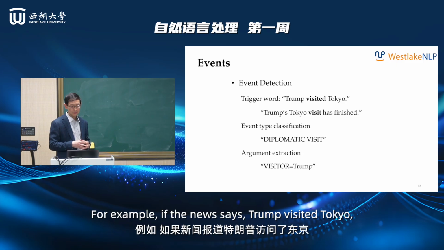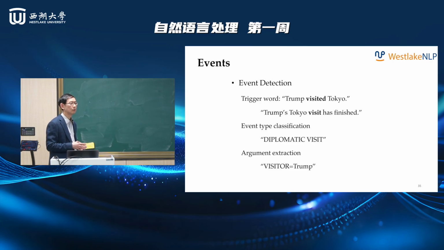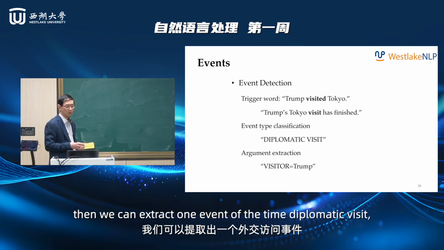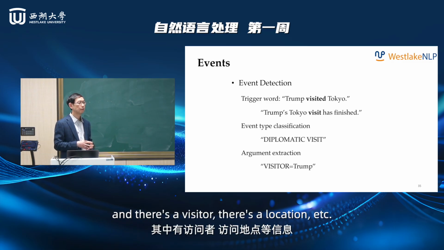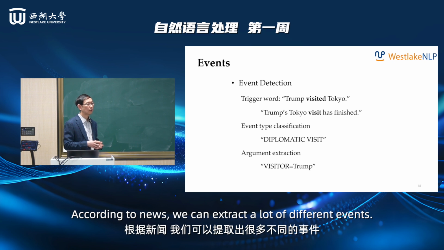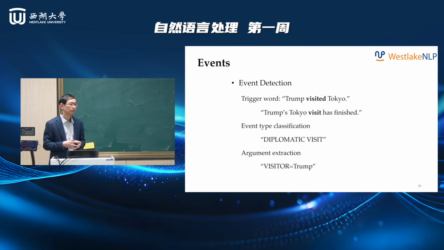So, for example, if a news says Trump visited Tokyo, okay, then we can extract one event of the type diplomatic visit. And there's a visitor, there's a location, etc. Okay? So according to news, we can extract a lot of different events.